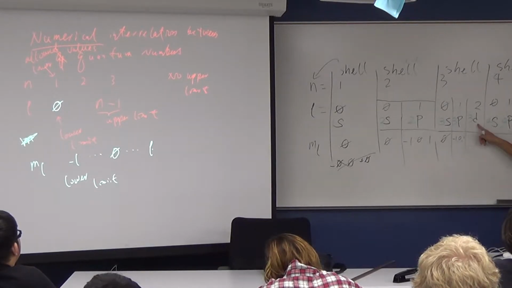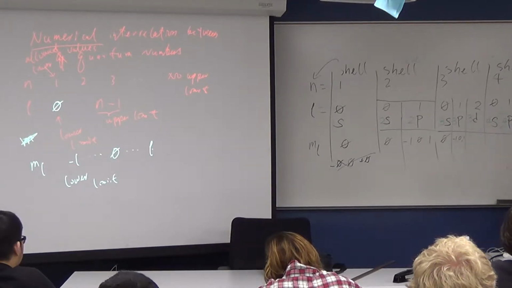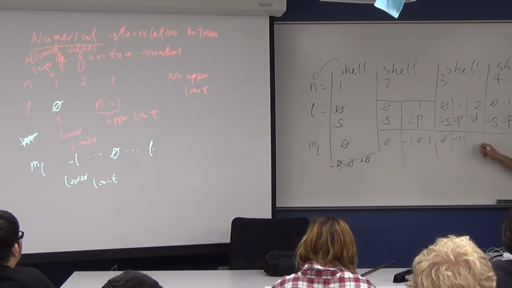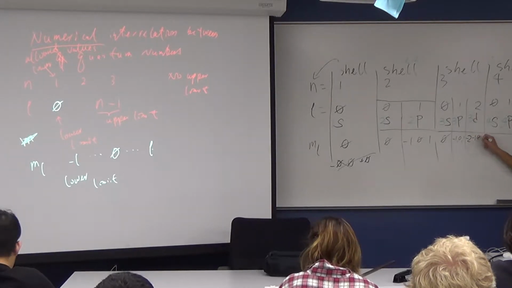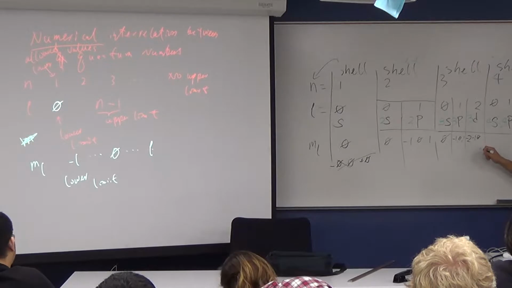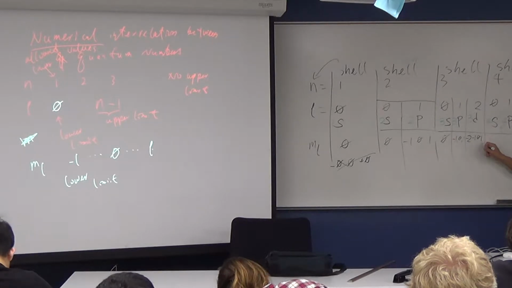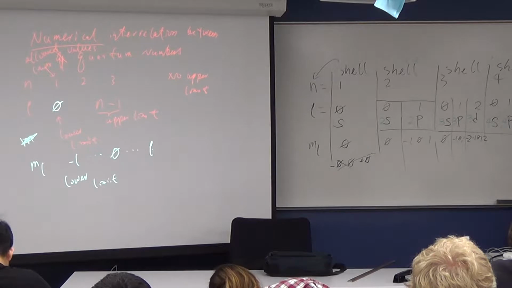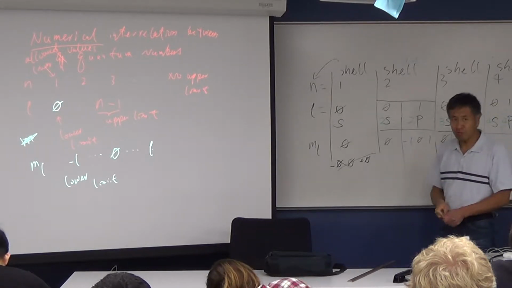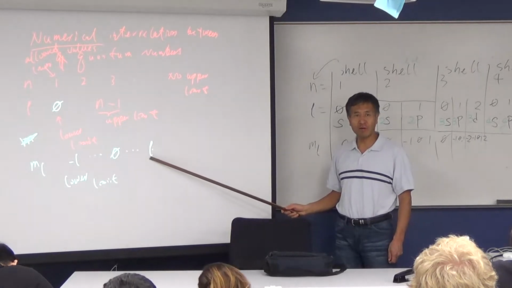What will be the possible numbers for ML if you have the 3D? Very good. This is negative 2, negative 1, and 0, then positive 1, positive 2. And you stop at 2 because what? So this is our limit for ML.